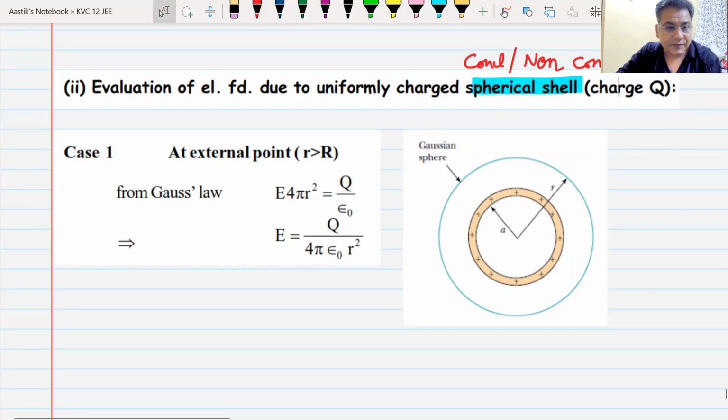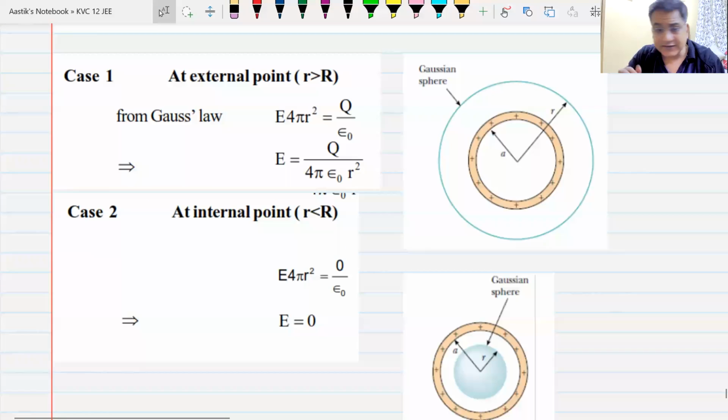But for internal points, case number 2, you will not be enclosing any charge, and therefore your answer would be 0. And that is why your field at any inner point would be 0. Everyone understands this? Spherical Gaussian surface?